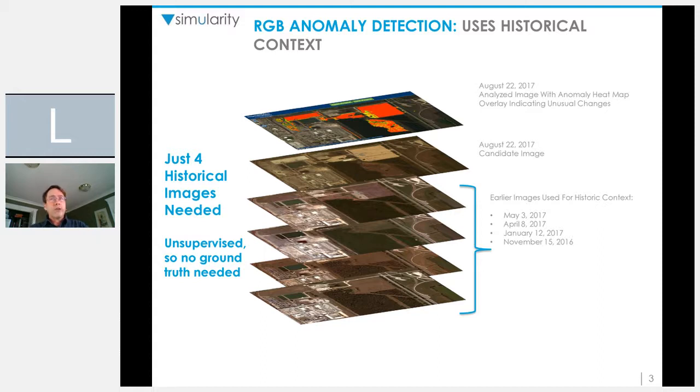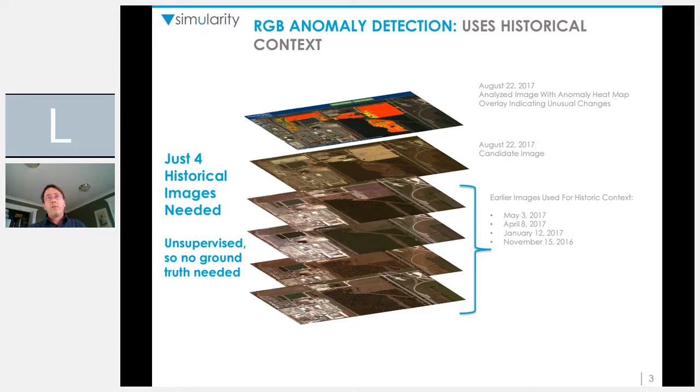So what Simularity has developed is core technology which takes a look at historical images. I have an example here in the slide with 5 images: 4 historical images and 1 candidate image.